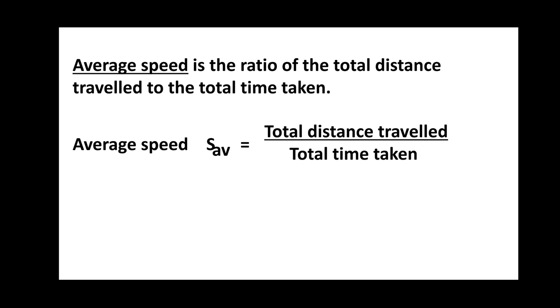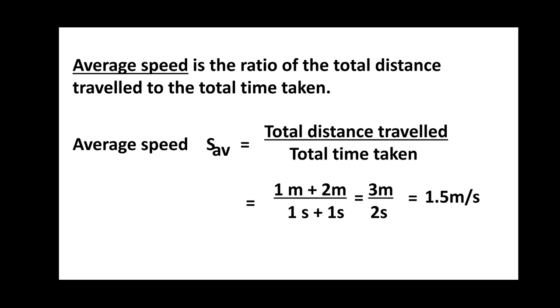In this case, the total distance traveled is equal to 1 meter plus 2 meter, that is equal to 3 meter, and total time taken is equal to 1 second plus 1 second, that is equal to 2 second. That is, average speed is equal to 3 meter divided by 2 second, that is equal to 1.5 meter per second.